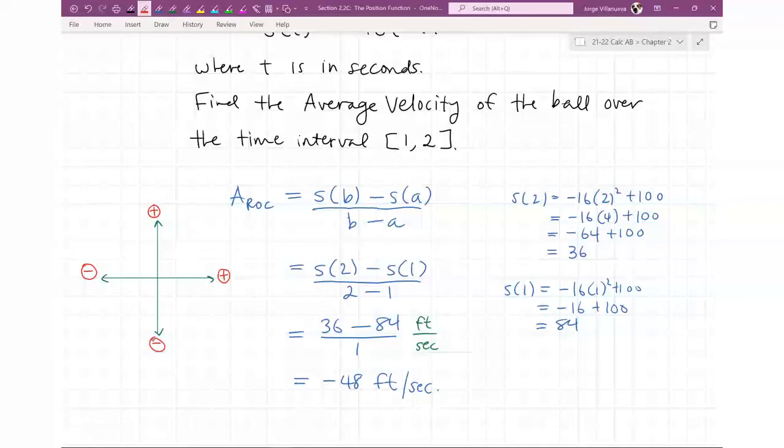Now, I think my BC class told me that their teacher had said that there is no negative velocities. And I said, that's completely wrong. There are negative velocities. But there is a case where you can make it so that velocities are never negative. And you do that by mentioning the direction. So, for example, if I get on the freeway, the 10 freeway, you guys know where that is, right? Down here.